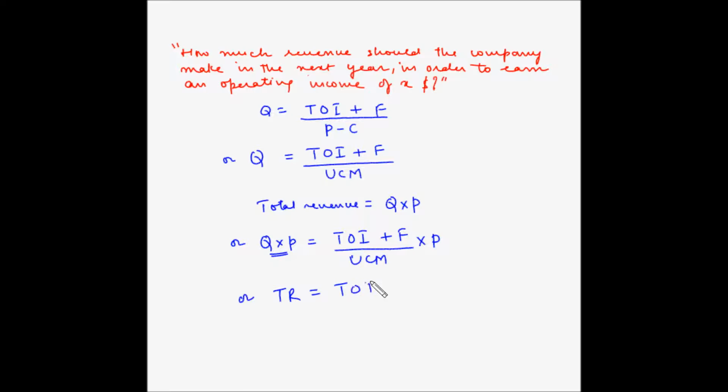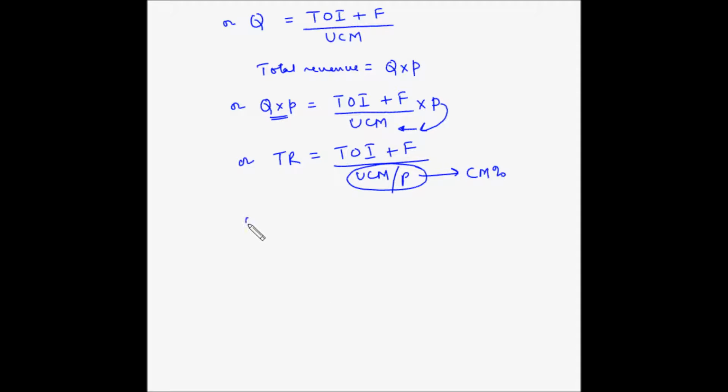and we can write the expression as unit contribution margin divided by P. So we are bringing this P down here, and this expression here, unit contribution margin divided by the unit selling price, is also known as the contribution margin ratio or the contribution margin percent.